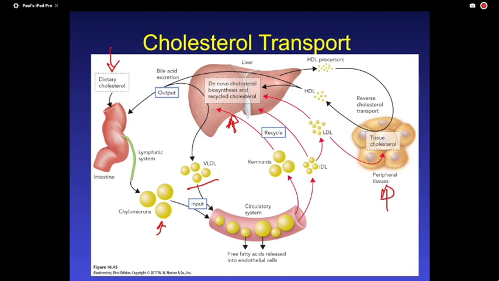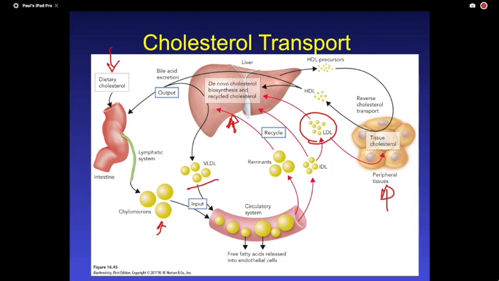And all of these, the different proteins on the surface of the VLDLs, will bind to the tissues and will internalize those particles, and will take some of the fats and the cholesterol out unless your tissues are saturated. If they are saturated, as some of the particles are taken out, what we do is we end up with LDL. It still has lots of cholesterol, lots of fat in it.